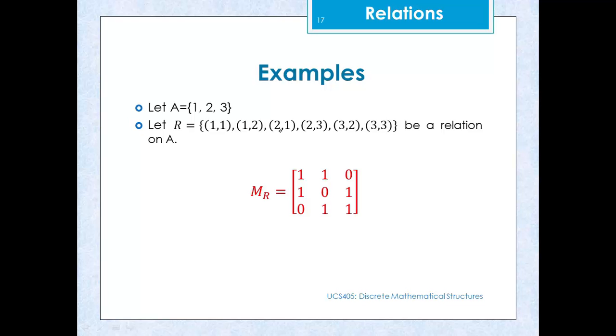We are not having the ordered pair (1, 3), so the third entry in this row will be 0. Now, we are having the ordered pair (2, 1) here, so this entry will be 1. Now, we are having (2, 3), so this entry will be 1. In a similar way, we can define these two entries here as 1. So, this is the representation of this relation in matrix form.